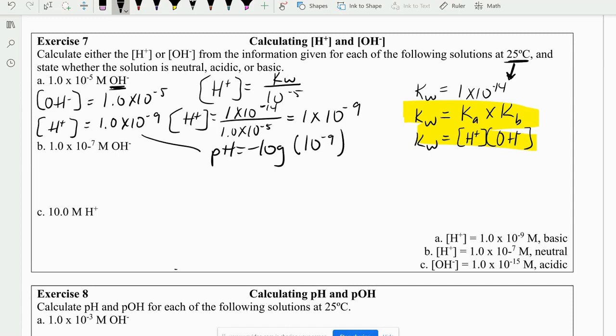If you did that, you would find that the pH is going to be a larger number. Again, basic, above 7, pH is 7. So you can do that on your own. But what I did here is I looked at my hydrogen ion concentration, 10 to the minus 9.